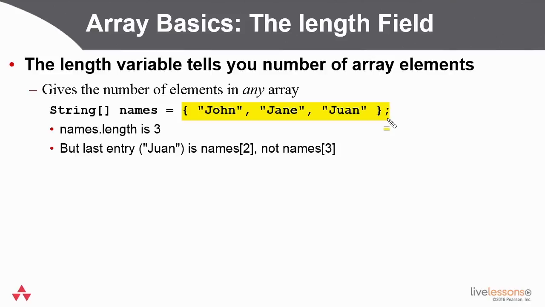But suppose I pass that array to another method. That other method might not know how big the array is, but it can always ask by accessing the length property. Notice that the length property is 1 bigger than the largest index. So the length is 3, which means the indices are 0, 1, and 2.